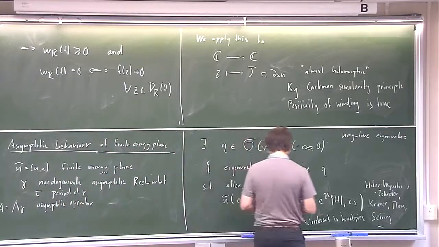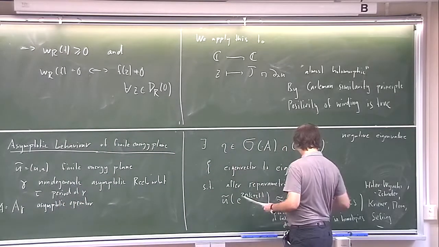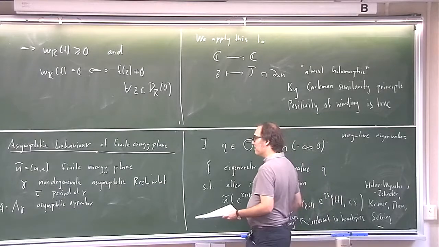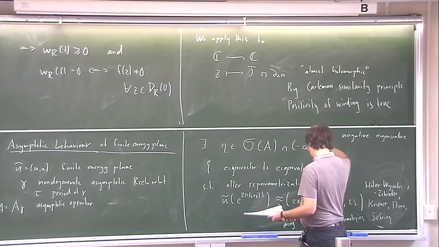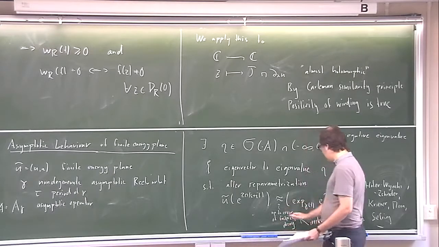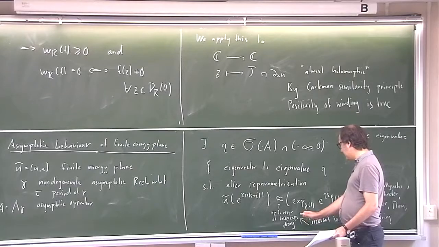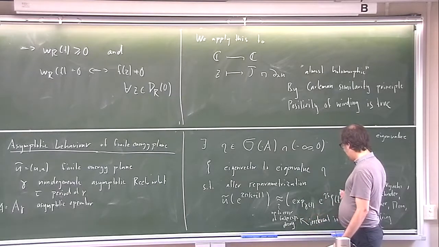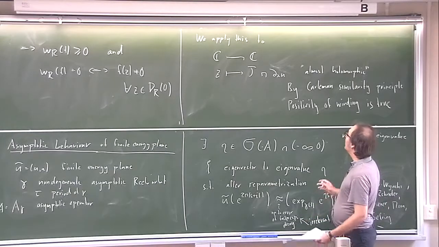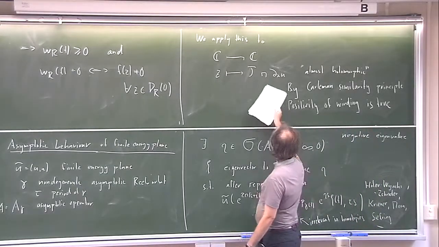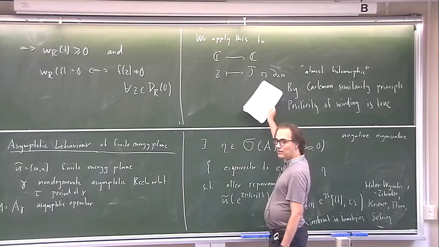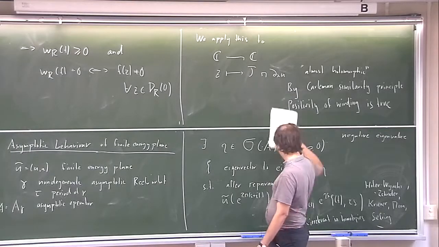So you have this behavior, and now up to this error, which we don't need to worry about in homotopies, we want to compute this, and we have a different way to compute it.